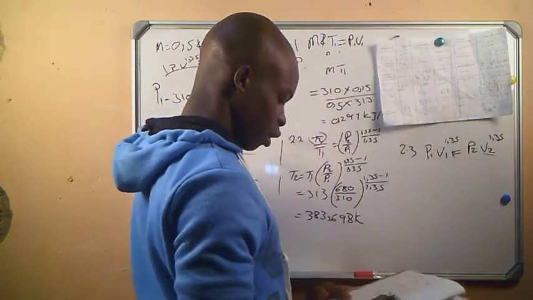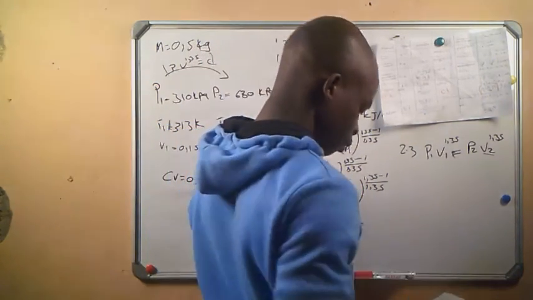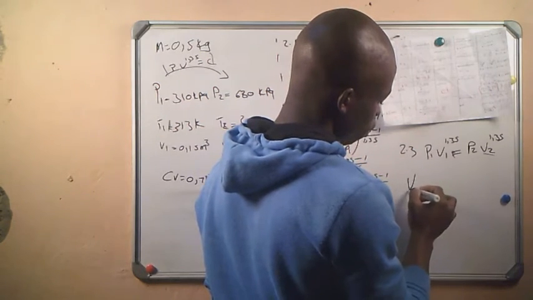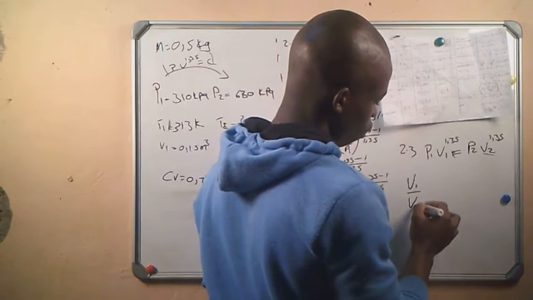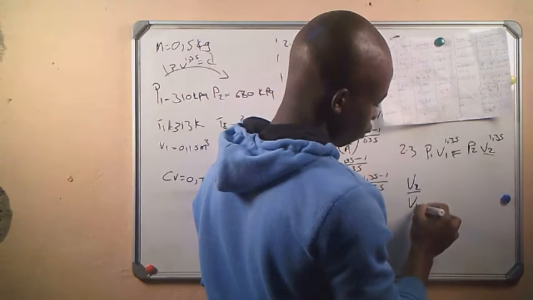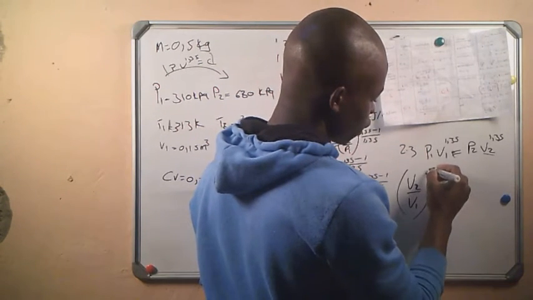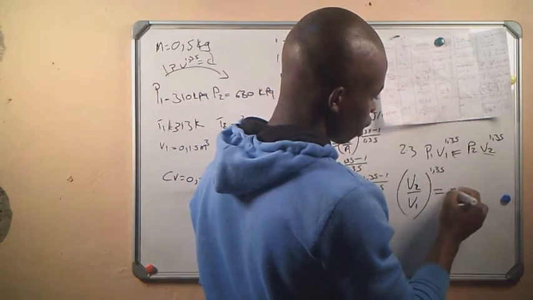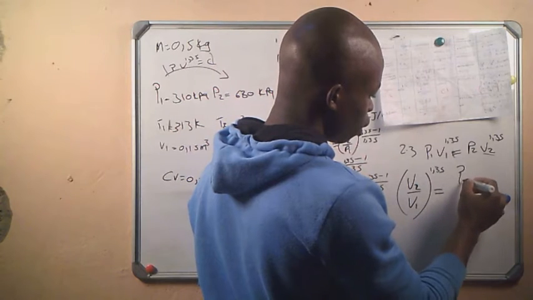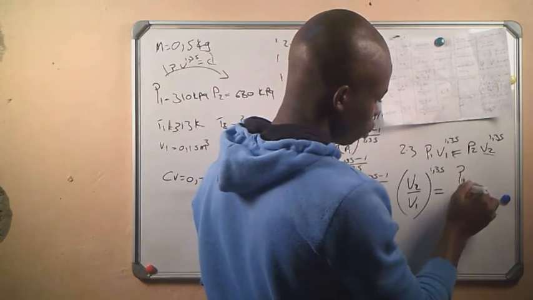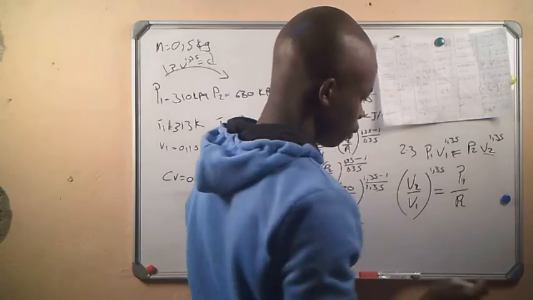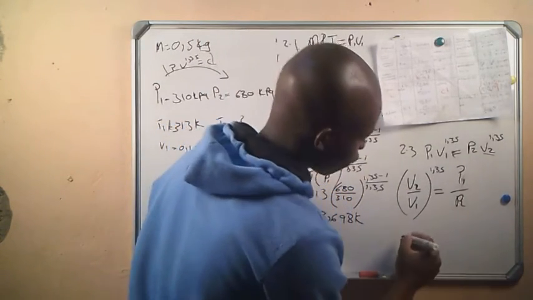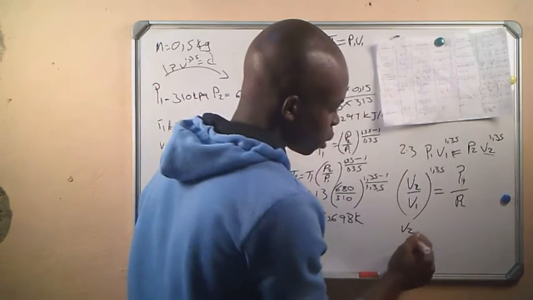We have to make V2 the subject of the formula, and then we say V2 divided by V1 exponent 1.35 is equal to P1 divided by P2, and then we are looking for this. This must be done, so we make V2 the subject of the formula.